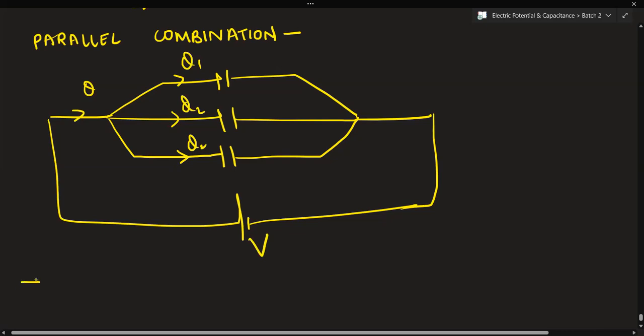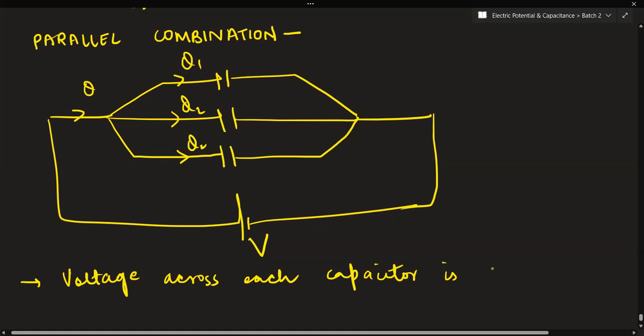So in parallel combination, you have what? Voltage across each capacitor is same, while charge divides.